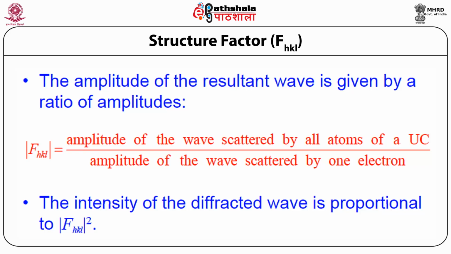This is the ratio, and intensity is basically the square of this F(HKL). As we know, F(HKL) is a scattering amplitude, so you need to square it to get the intensity. Now we will take examples and see one by one how to calculate this structure factor.